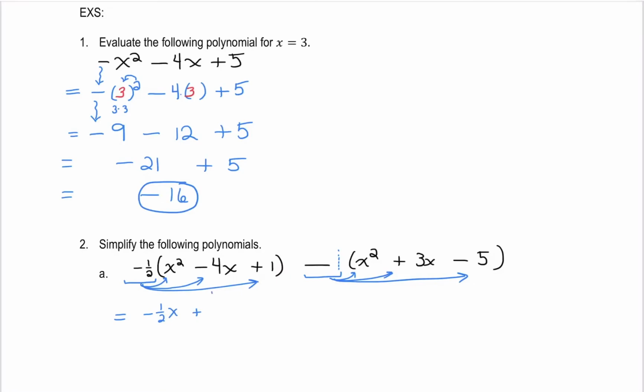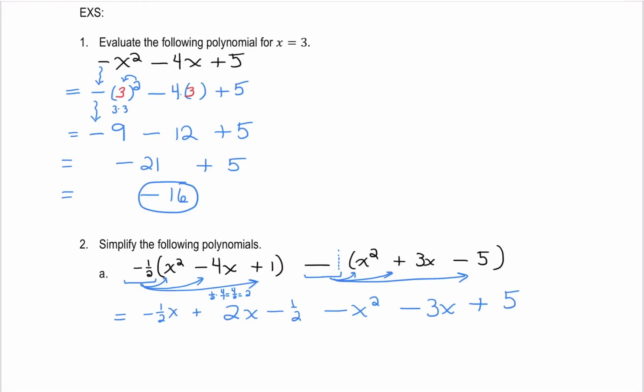Hopefully you feel pretty comfortable with multiplying the 1/2 times the 4/1, and that just gives you the 4/2, which is 2. So this is going to be 2x, and then minus the 1/2. And then distributing through the negative in that second set of parentheses. So -x squared, minus on the 3x as well, and then careful with the two negatives, the last term changes to addition.